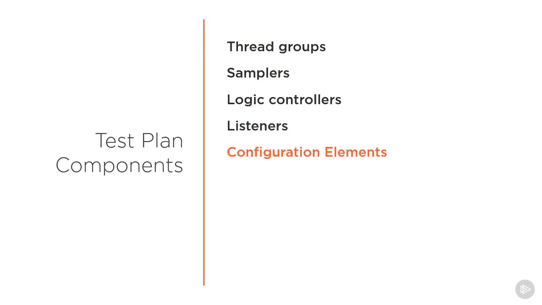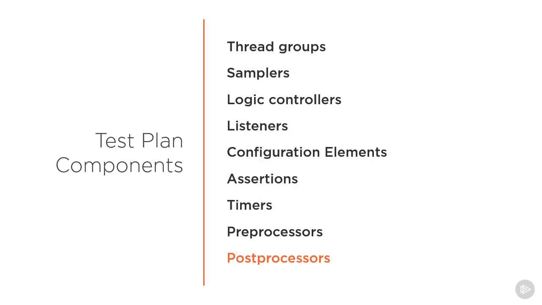To provide this flexibility, JMeter gives you building blocks to control every part of a test plan. Some of the components we have are thread groups, samplers, logic controllers, listeners, configuration elements, assertions, timers, preprocessors, and postprocessors.